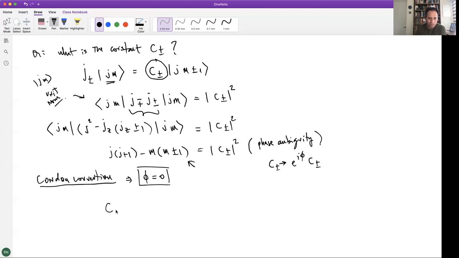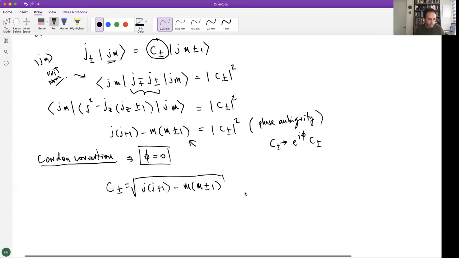So you have really that c plus minus is equal to the square root of j plus 1 minus m, m plus minus 1. And now you know how these ladder operators, these raising and lowering operators, act on angular momentum eigenstates. So you have all the matrix elements you want.